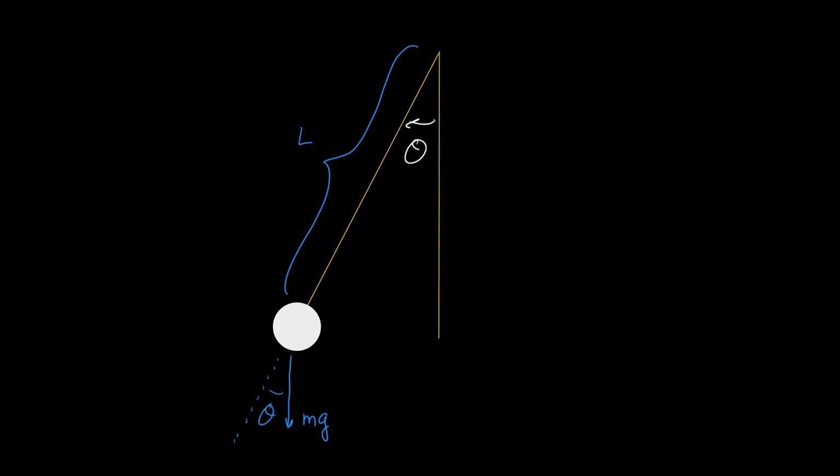So I'm going to start where we started with the other one. Net torque equals I alpha. Torque is R cross F. Or better yet, R times F times the sine of our angle. So let's see what this torque is.